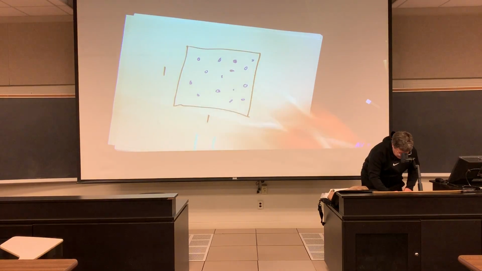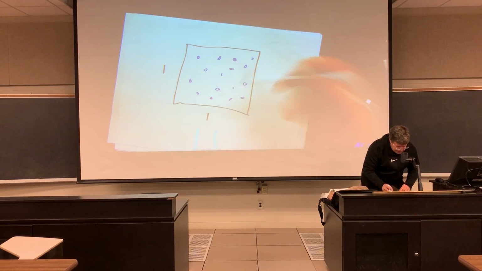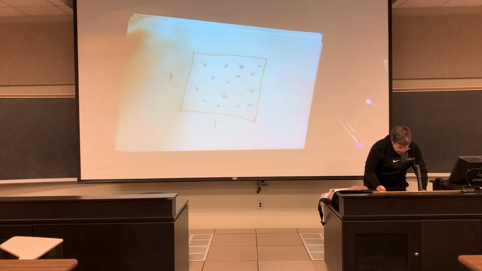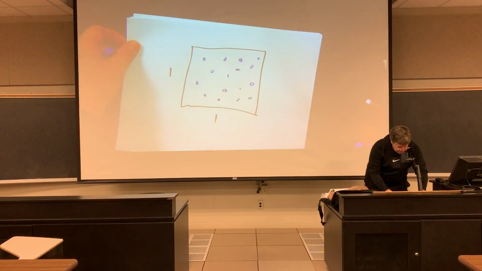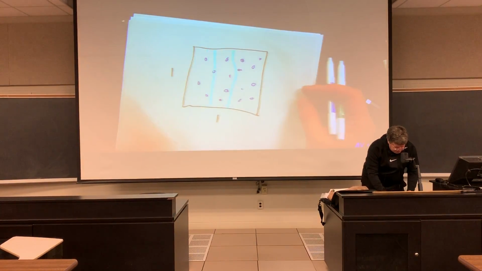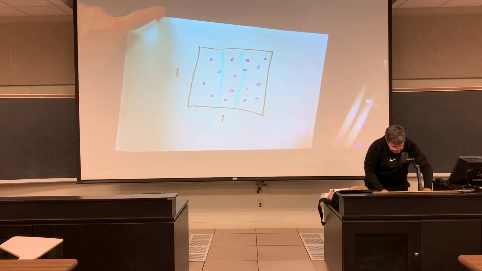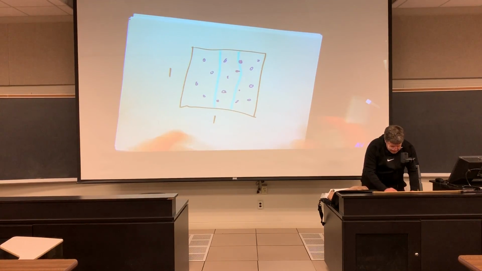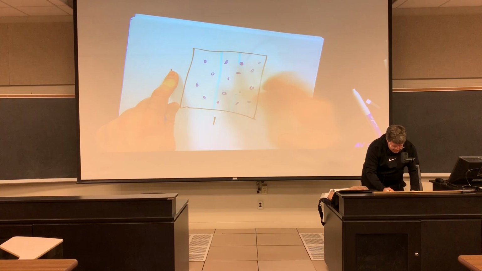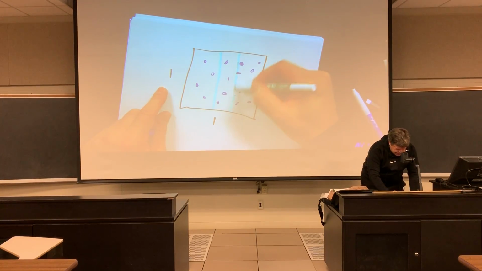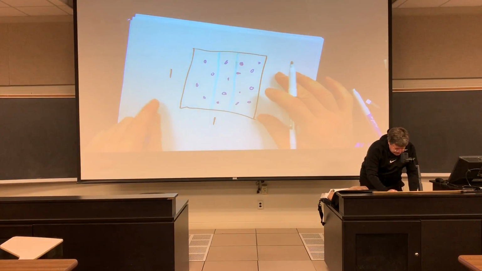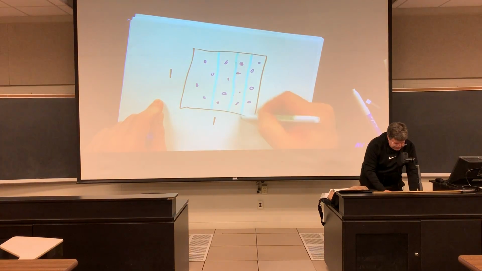You know what? Let's do it this way. So there's 16 points, and remember, we wanted the number of points to be a perfect square, and you'll see why that's helpful. Okay, so that's one strip, and that's another strip.